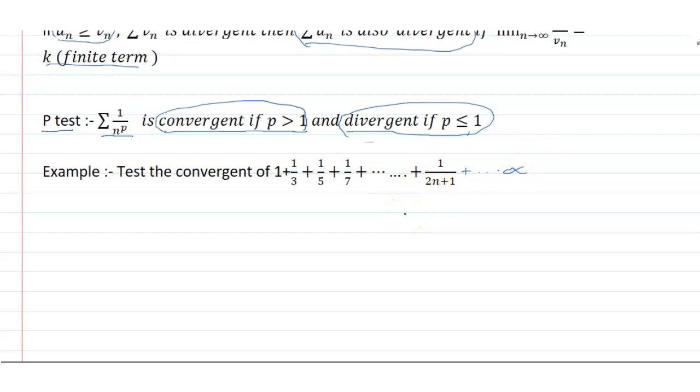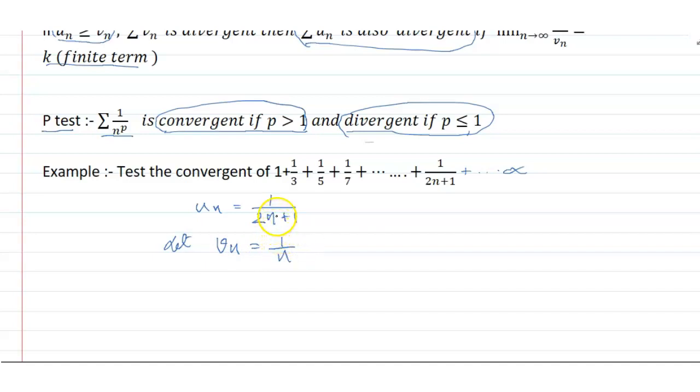Now you see, un is equal to 1 by 2n plus 1, and let vn equal 1 by n.